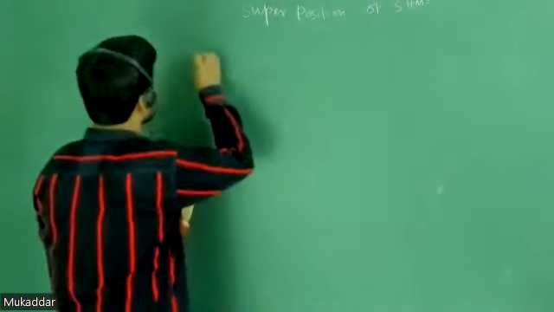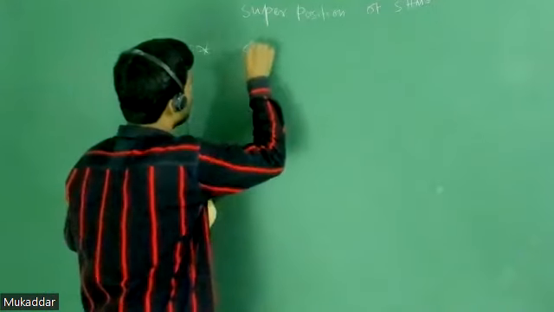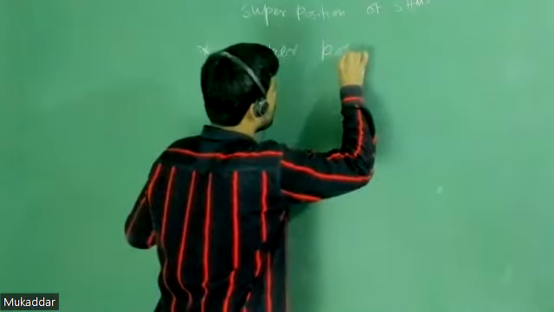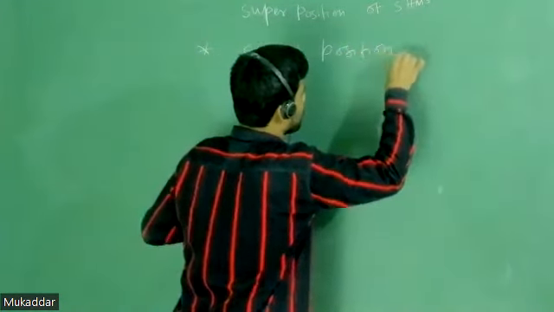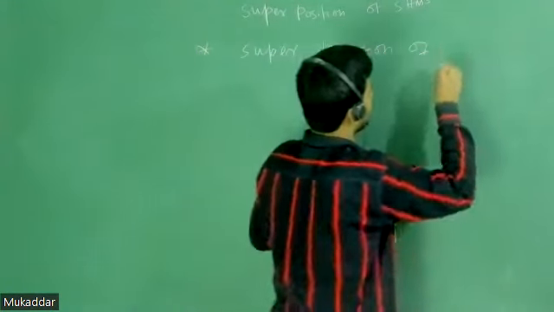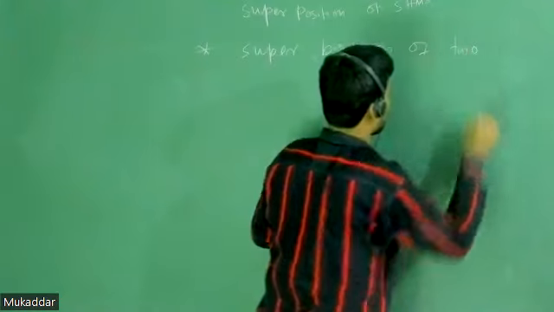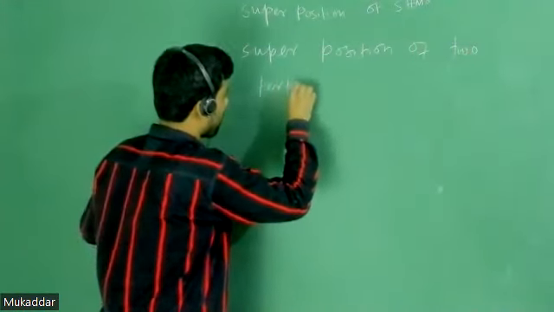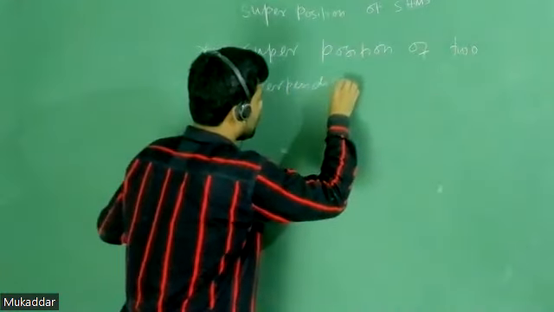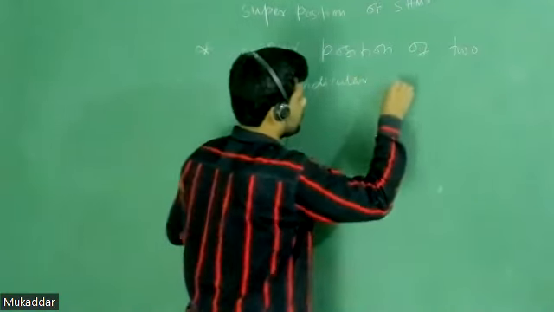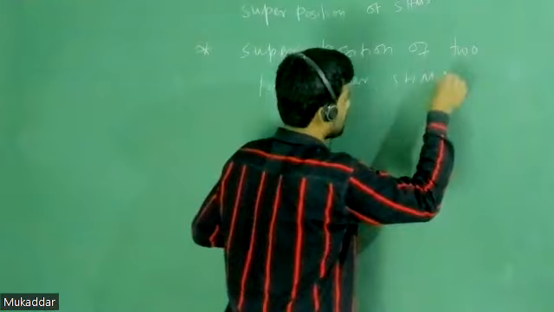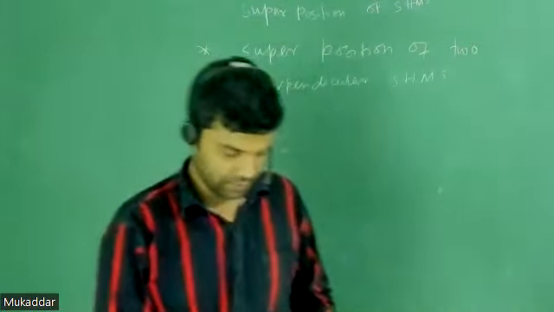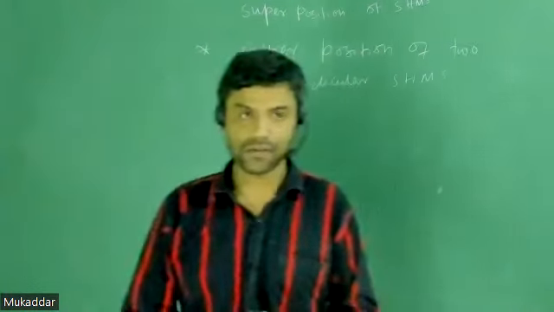Now we are going to enter the superposition of two perpendicular SHMs. Superposition of two perpendicular SHMs, and this is basically your Lissajous figure.